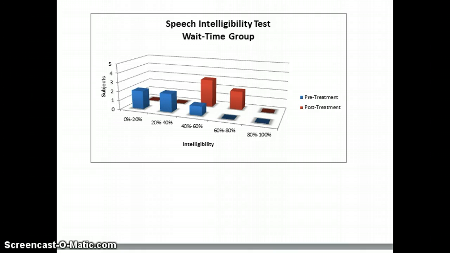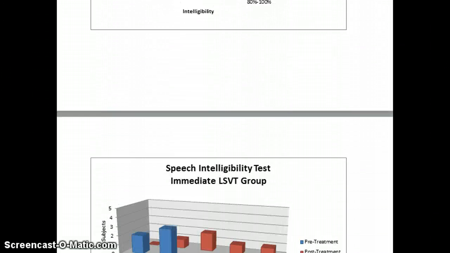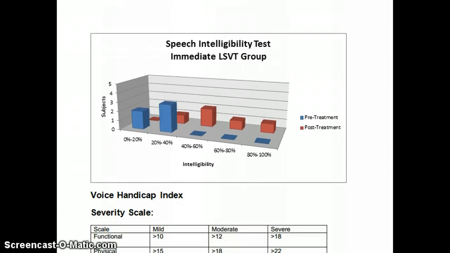But you can see the changes. The same goes for the immediate LSVT group, where again blue is pre-treatment and red is post-treatment. And here you can actually see that there are two subjects who went above 60% intelligibility, which is definitely an improvement from pre-treatment.